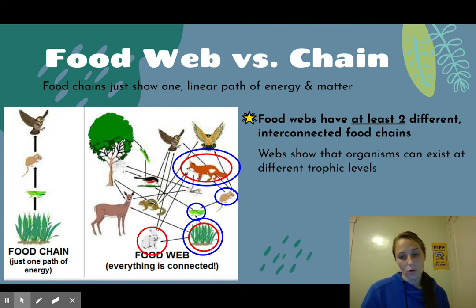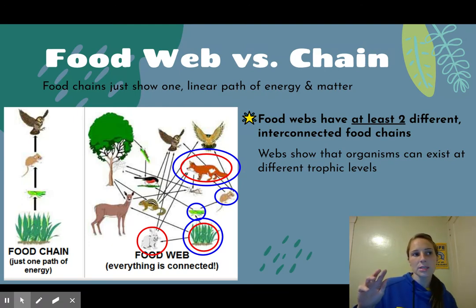Now, webs can show that organisms can exist at different trophic levels. When we talked about trophic levels with our last set of notes, we showed the pyramid. And the pyramid's helpful for showing the flow of that energy in the tertiary versus secondary. But one of the common misconceptions is that it's just kind of this linear thing, which again is shown with food chains. But food webs, actually, it's way more complex than that.